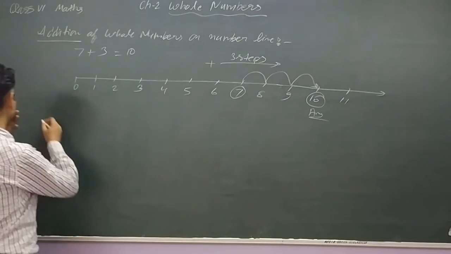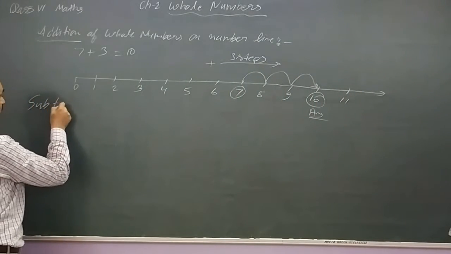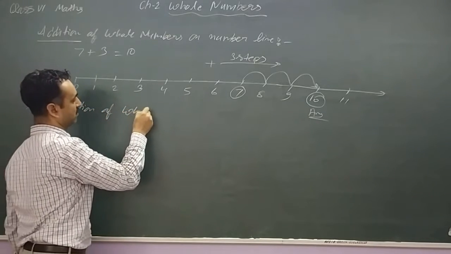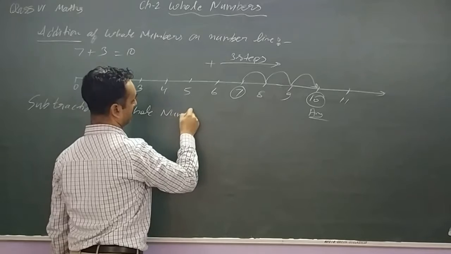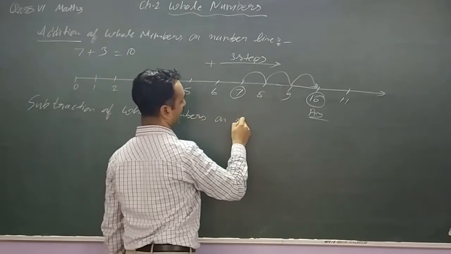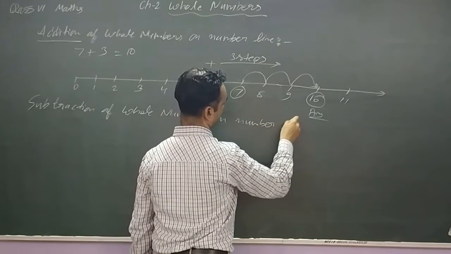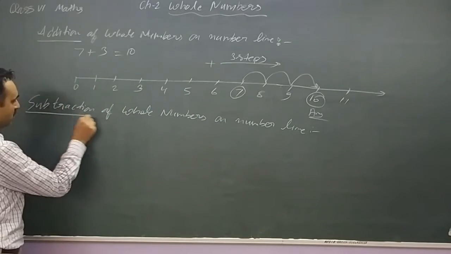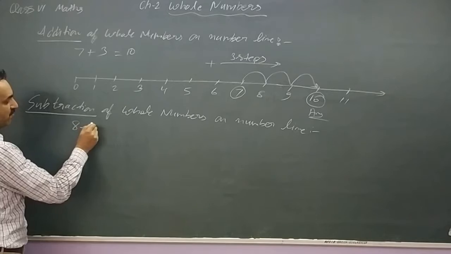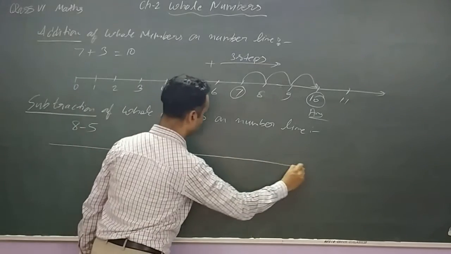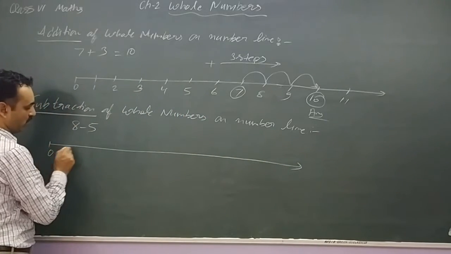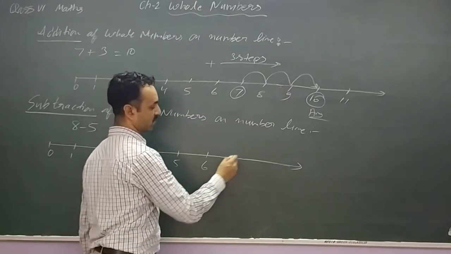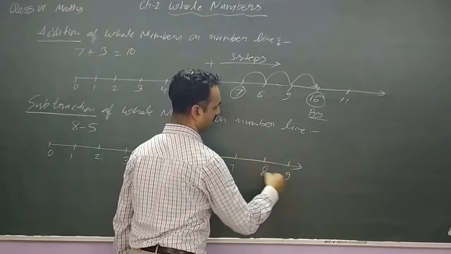Now we will do subtraction of whole numbers on the number line. Suppose you have to do 8 minus 5. Again you make a number line: 0, 1, 2, 3, 4, 5, 6, 7, 8, 9.